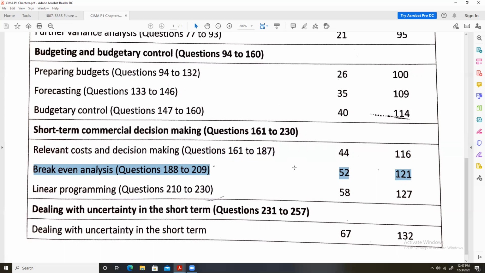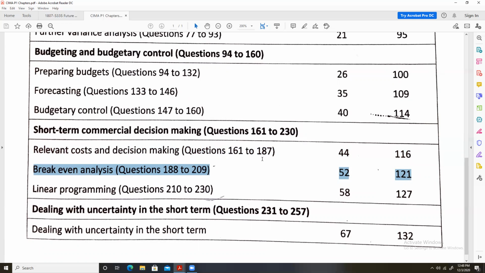I have seen students who find this particular area difficult. But I believe if you are good at maths and your computational skills are up to the mark, particularly at solving mathematical equations, then break even analysis should not be a problem.